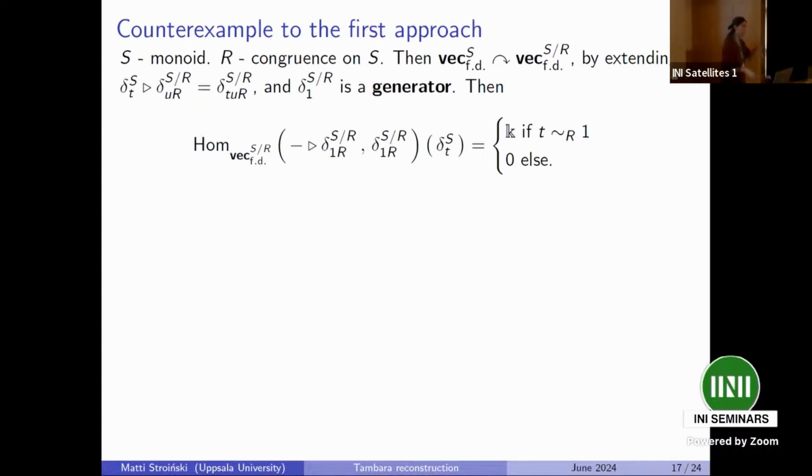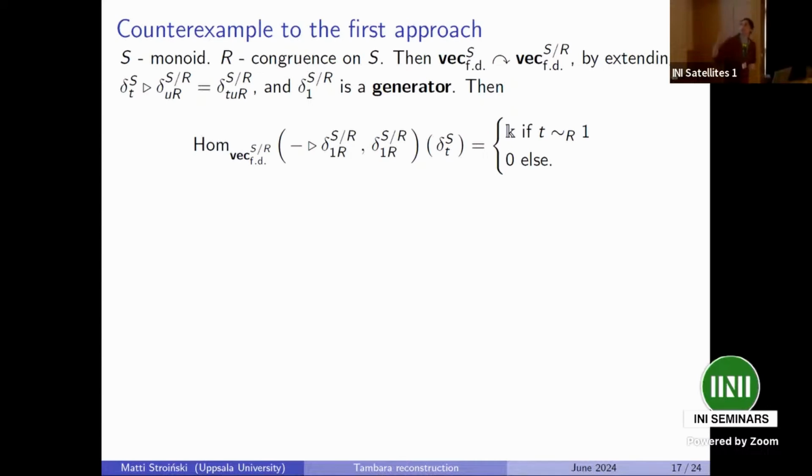Then the category of S-graded finite dimensional vector spaces acts on S mod R-graded finite dimensional vector spaces. And this action, in order to specify it, I will need to specify what I'm doing on one-dimensional spaces concentrated in a single degree. So I look at one-dimensional delta, where the subscript and superscript denote the one-dimensional space concentrated at an element, the subscript in the monoid, the superscript.